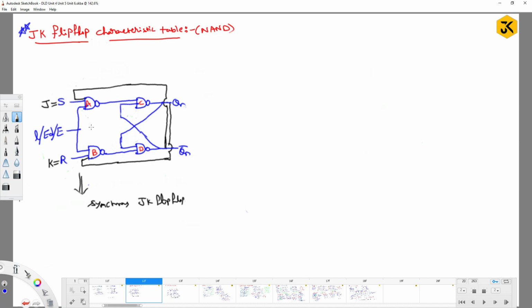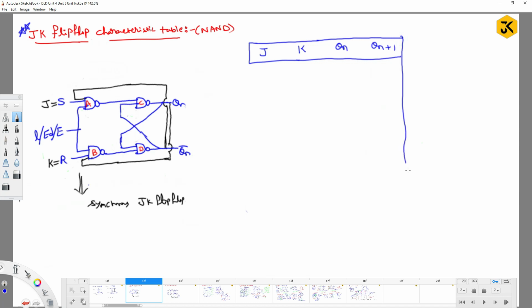So here, if you are able to observe, J and K are the inputs, Qn is the present state and Qn plus 1 is the next state. Now we have to define for what kind of inputs how this JK flip-flop is working.